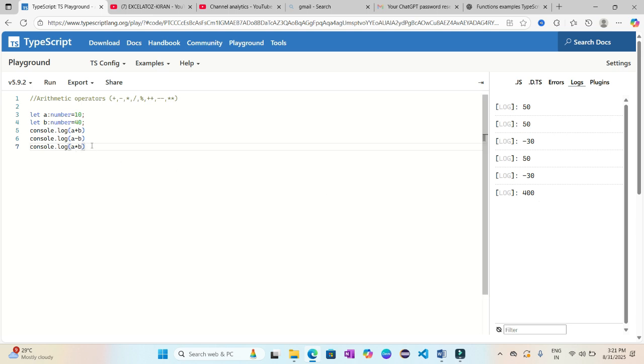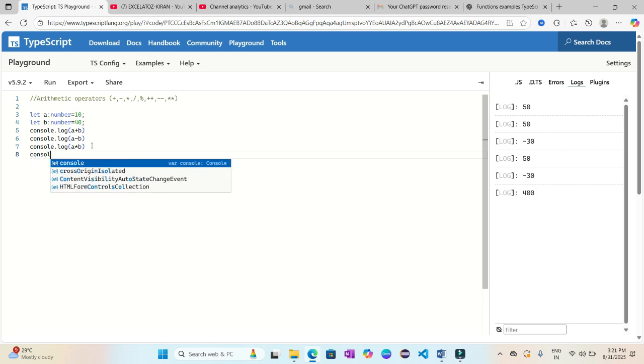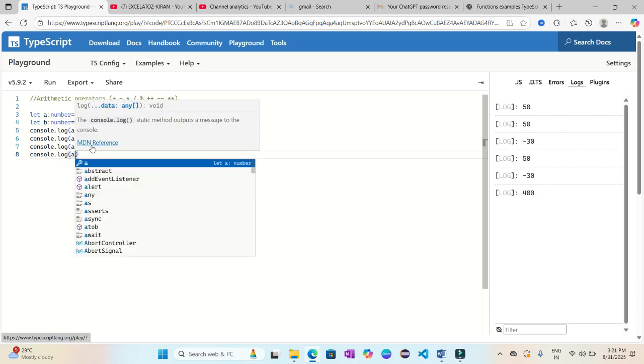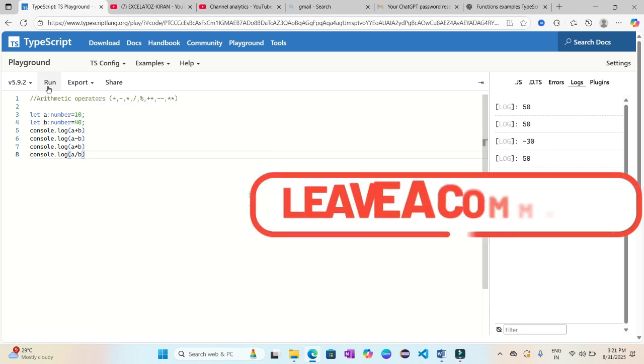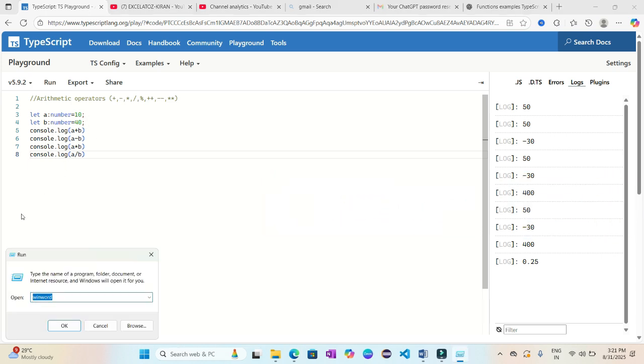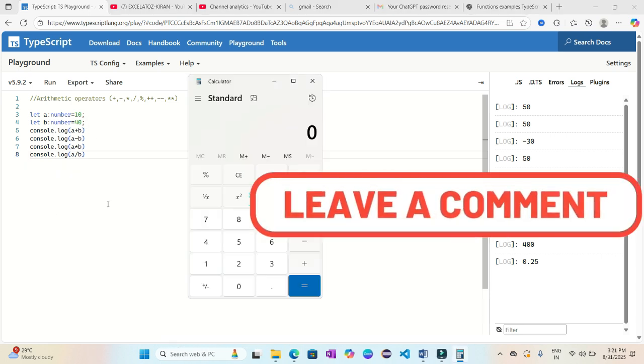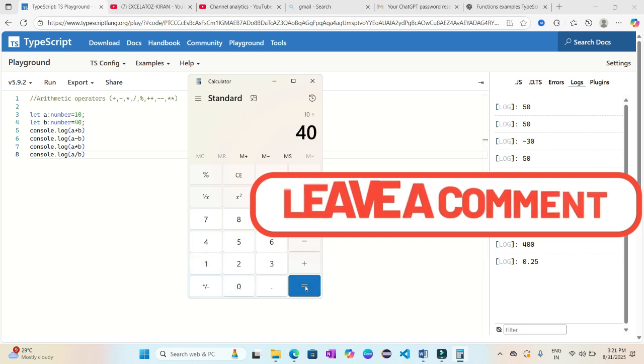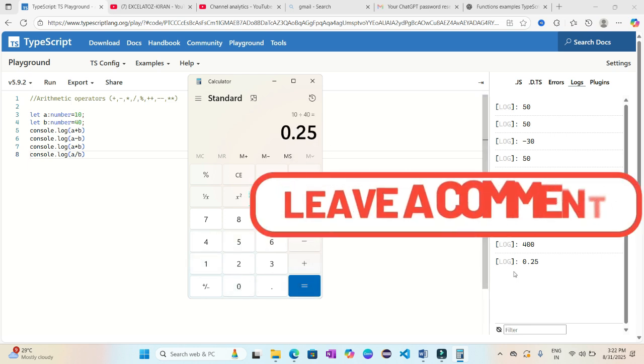Next, divided by. Console dot log a divided by b, 0.25. Okay, 10 by 40. Now I'll open the calculator, here 10 divided by 40, 0.25. It is coming right.